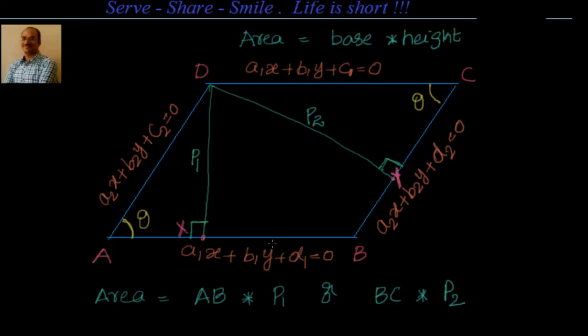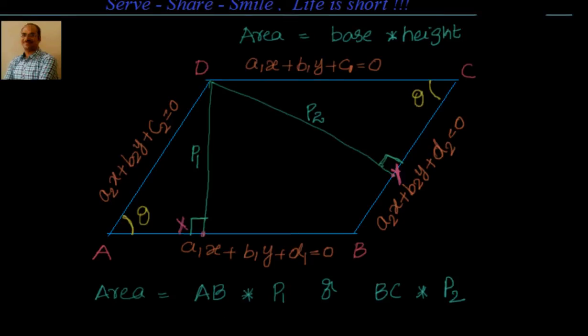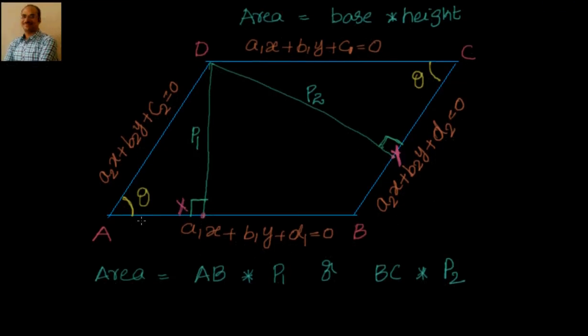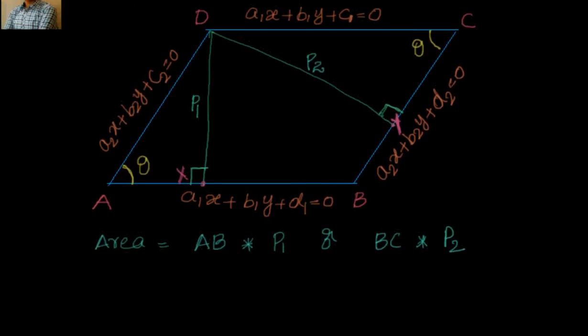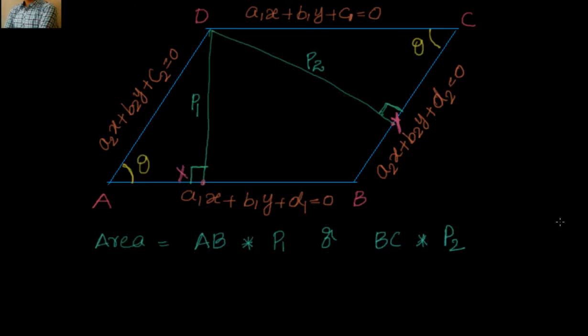So if somehow we are able to find out AB or BC in terms of P1 or P2, then it becomes very easy because we know tan theta is m1 minus m2 by 1 plus m1 m2, so based on that we can find out the area very easily. So let's go ahead and try to do that. We will not calculate P1, P2 now. First let us see how to get AB or BC in terms of P1 or P2.